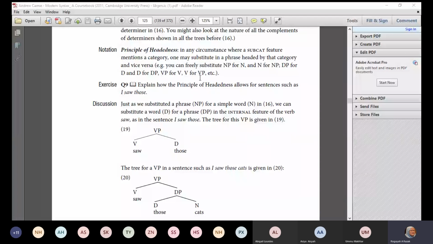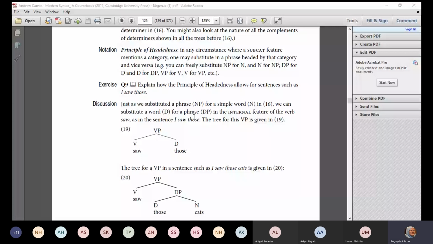Okay, so then he explains about this, that we can substitute a word determiner for a phrase in the internal feature of the verb saw.